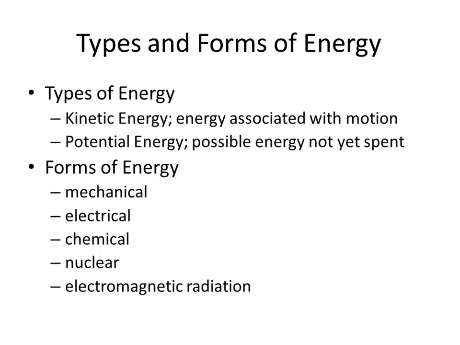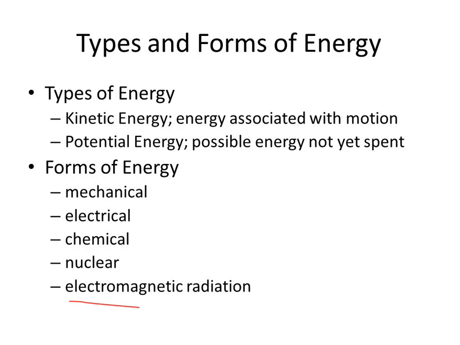With regard to energy, we have an assortment of energies. You might recognize some of these: mechanical, electrical, chemical, nuclear. We can go back and forth between these different forms of energy. The bottom one is electromagnetic radiation.